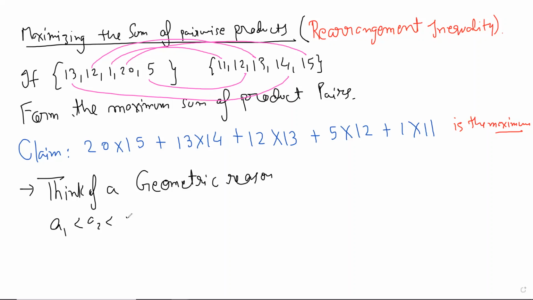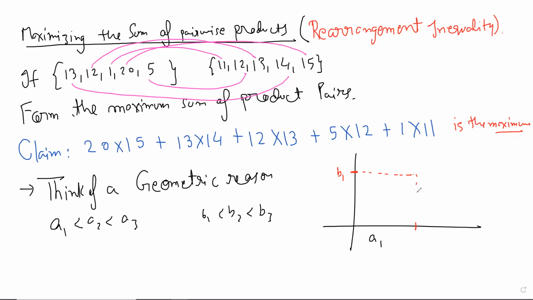So I'm just saying that if a1 is less than a2 is less than a3, and let's say b1 is less than b2 is less than b3, then you make this rectangle with one side a1 and the height, let's say I take the height to be b1, and then you take a2. Now a2 you can just mark so that it's clearly bigger, and similarly b2 you can take bigger.